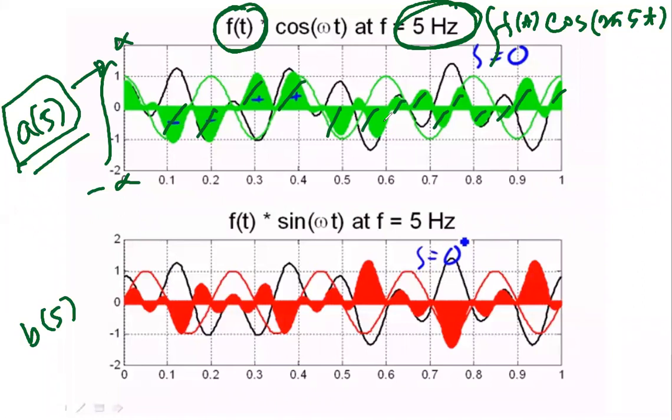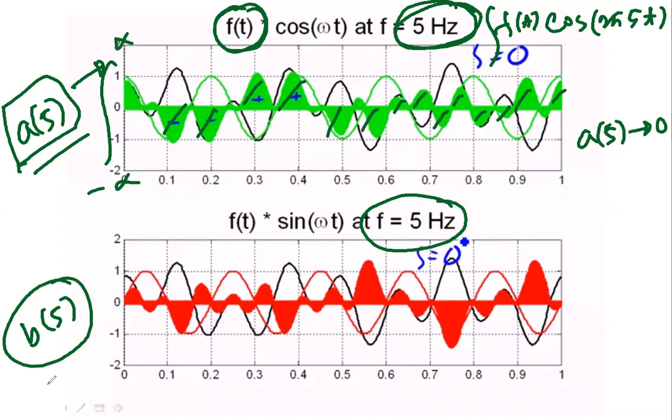So ultimately you will find that the amplitude A, real part, for the frequency 5, it is very close to 0. Eventually it is equal to 0. Similarly, for sine 5 hertz, you will have the magnitude, the imaginary part, it is also close to 0. Ultimately it is equal to 0.